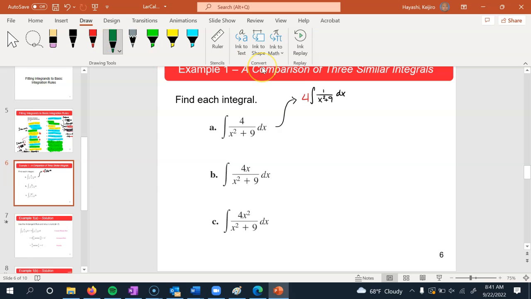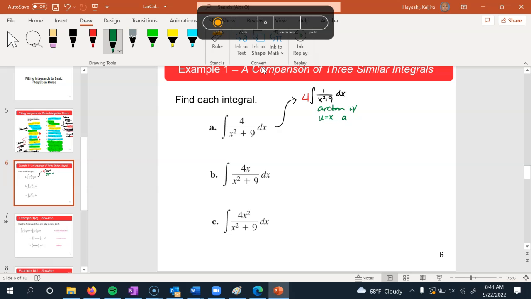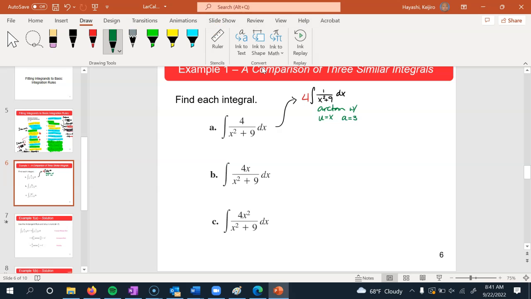One of them is a variable square, the other one's a constant square. So this is one of those arctan integrals with the variable term being x and the constant term being 3.